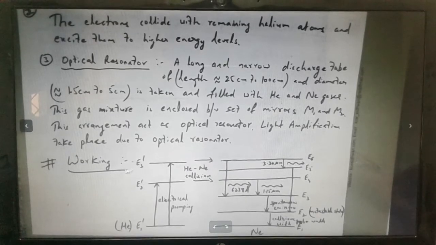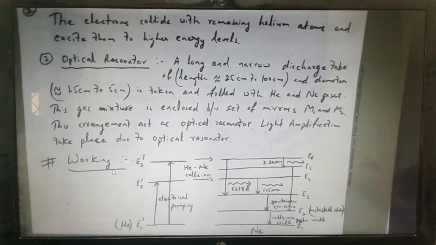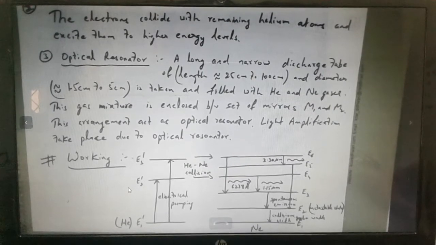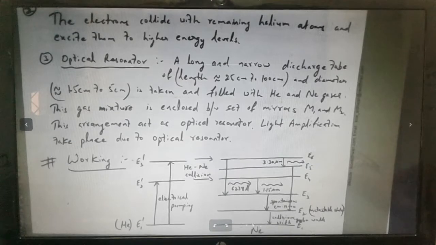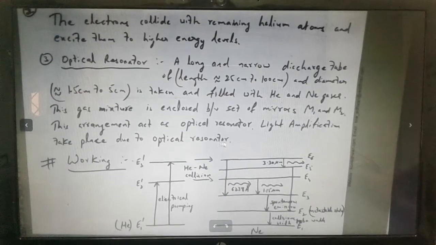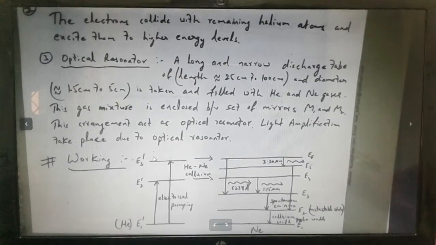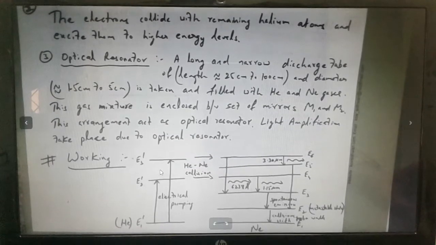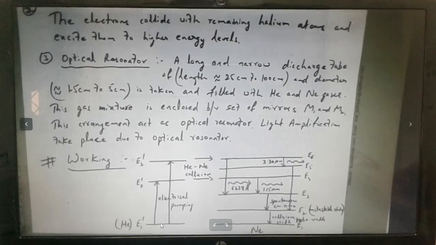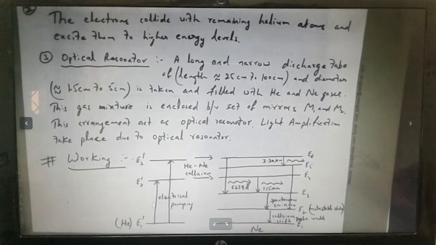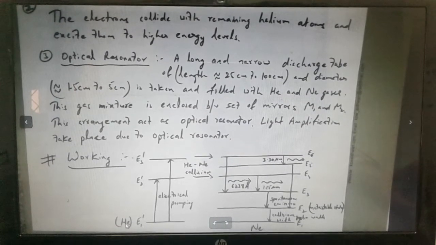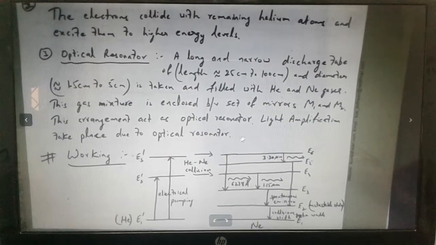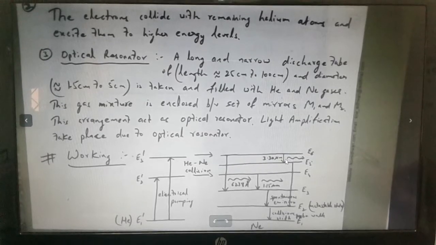Now the working of the helium neon laser, which we can discuss by showing this energy level diagram. It is simple, you can easily understand. Here you can see that on the left side we have electronic levels of helium gas, and on the right side we have electronic levels of neon gas.